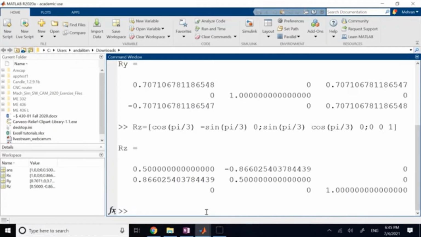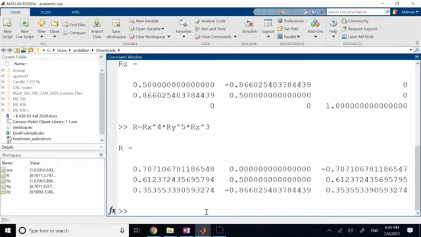Good. So I define all of my 3 basic matrices, and now I multiply them together. So let's say R equals this Rx to the power 4, then times Ry to the power 5, and then times, let's say, Rz to the power 3, something like that, whatever. Okay, so I carry out all of these, and I'll get this rotation matrix R, right?